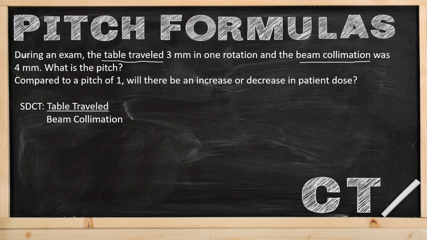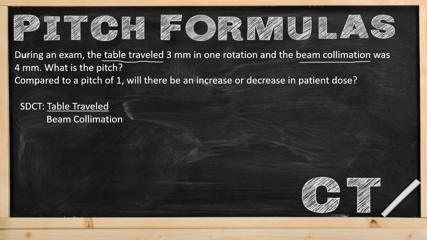Then I compare the table traveled to the beam collimation. The table moves less than the beam collimation per rotation, resulting in overlapping of slices. I expect my answer for the pitch to be less than 1 and there to be an increase in patient dose.